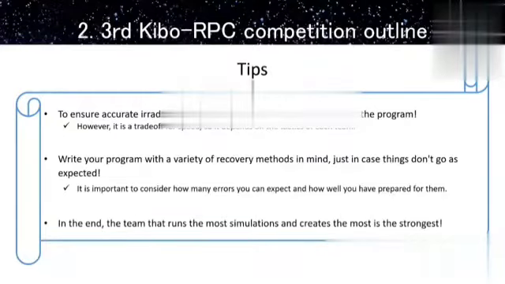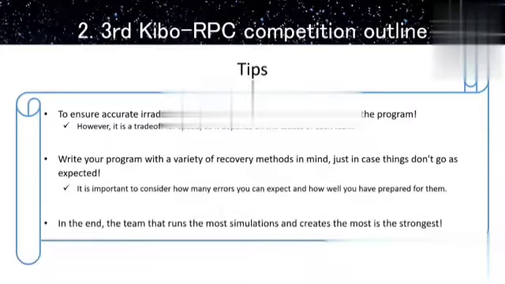Next, especially in the real environment of the ISS, the robot may stop unexpectedly due to the differences between the simulator and the real, or it may not go to the next step.